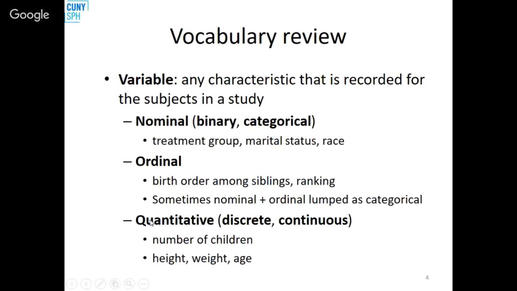And then finally, quantitative, which includes the discrete and continuous variable types, such as the number of children in a household. That would be discrete, or height, weight, and age, which would usually be considered continuous. But as I was saying, the border between discrete and continuous can be a little bit fuzzy.